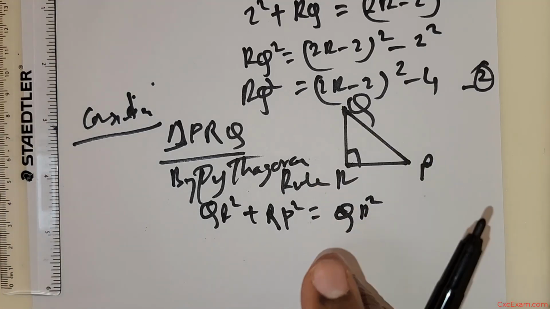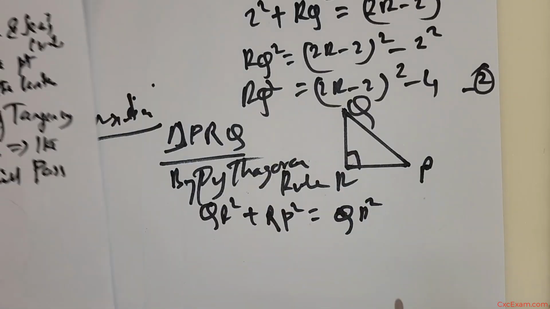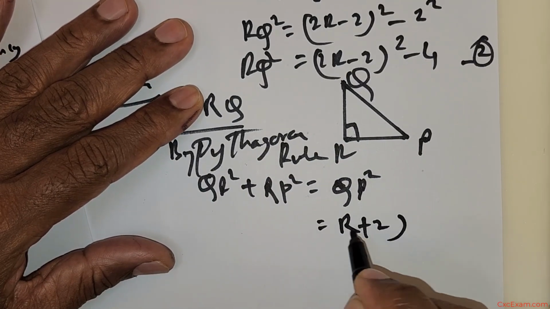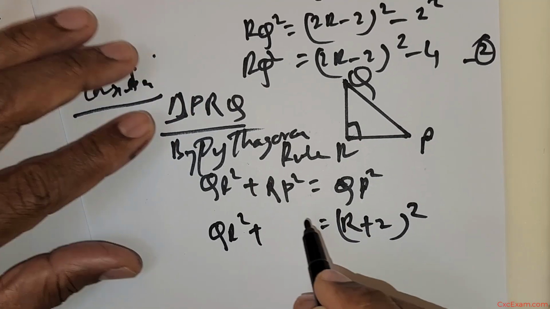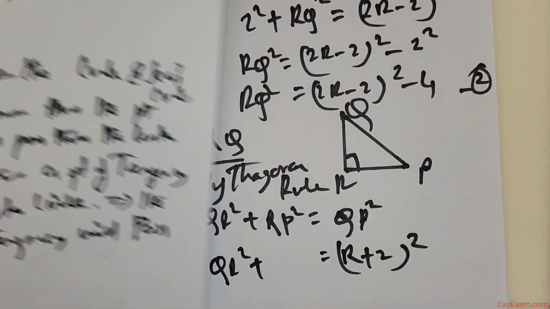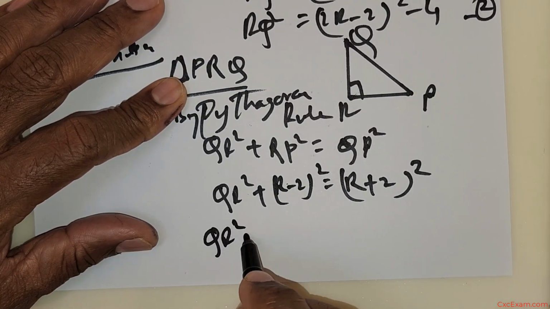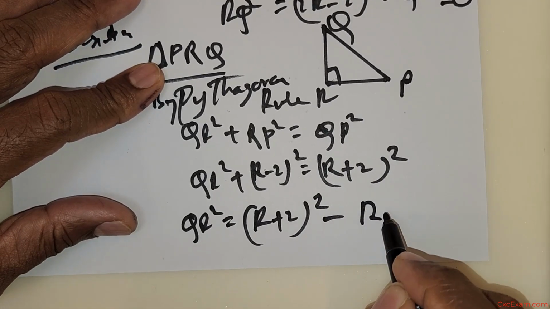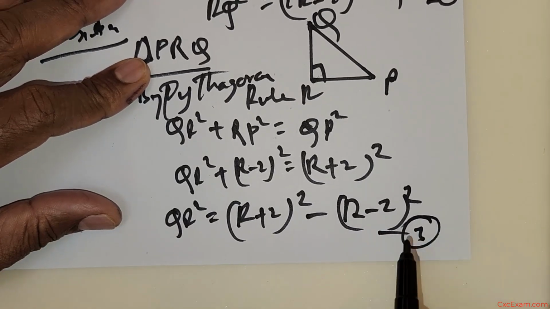Now this distance QP squared, see this is R, this is 2, R plus 2. Right, QP squared is going to be (R plus 2) the whole squared, and this is QR squared plus RP squared. So what is RP squared? RP is R minus 2, so (R minus 2) squared. So QR squared is equal to (R plus 2) squared minus (R minus 2) squared. This is what we've got. So this is going to be 3.